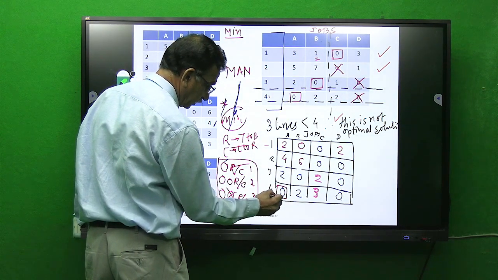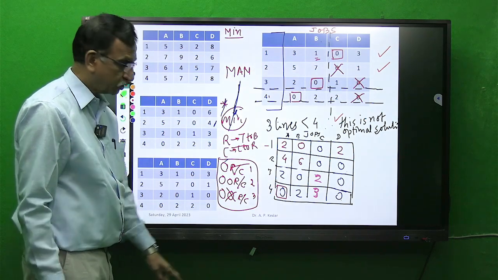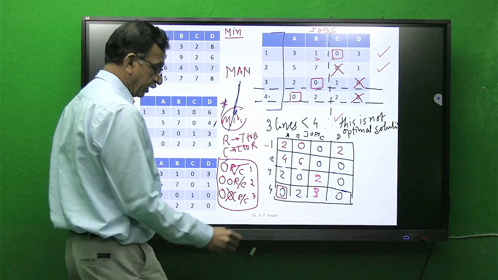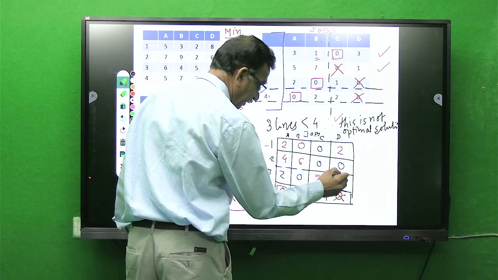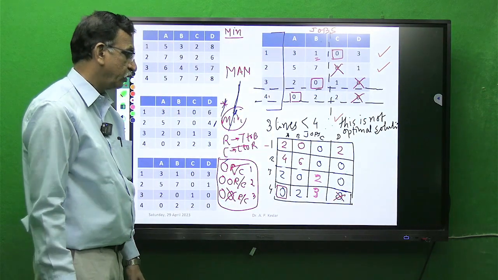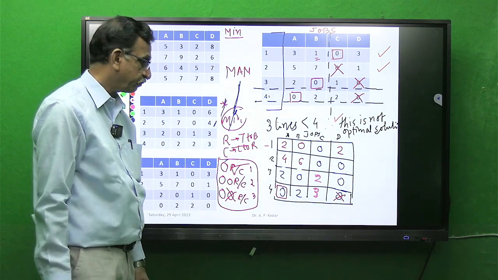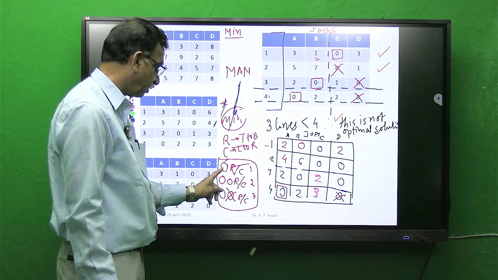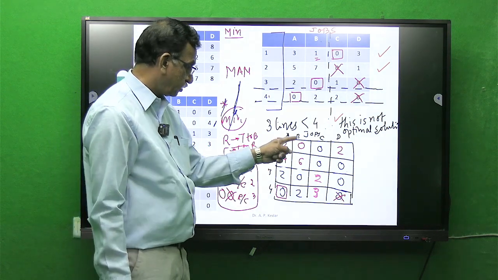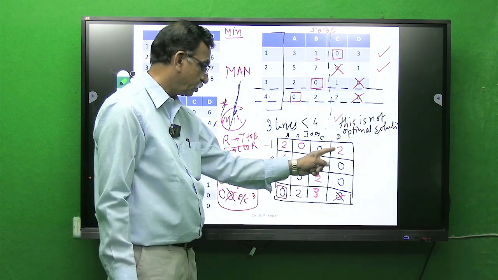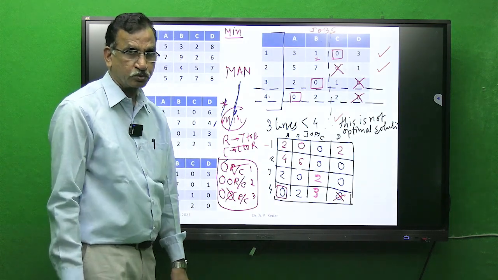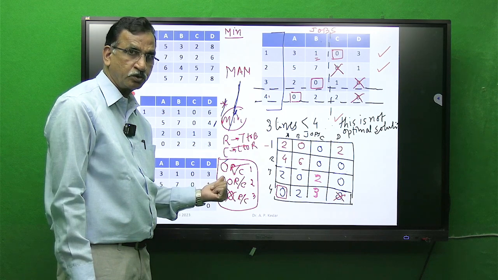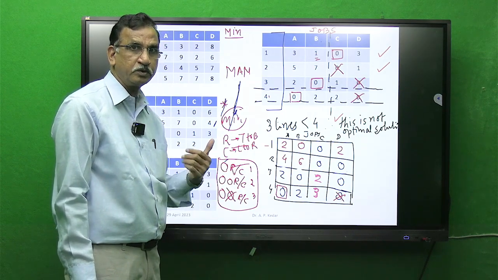So I will mark this particular zero of first A column, A job column, and cross off the zero of the related row. This is the first assignment. Now search for column with single zero. 2 zeros, 2 zeros, 2 zeros. So here students, this condition of single pure independent zero in each row and column is exhausted.